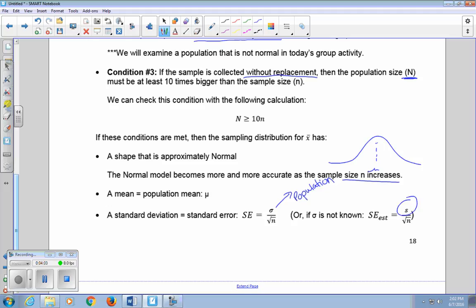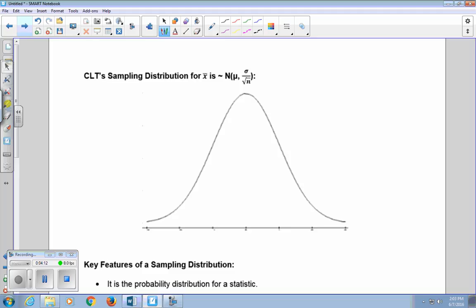Okay, so that is our estimated standard error. So the central limit theorem says the sampling distribution for X bar is approximately normal with mean mu and standard deviation sigma over the square root of n.